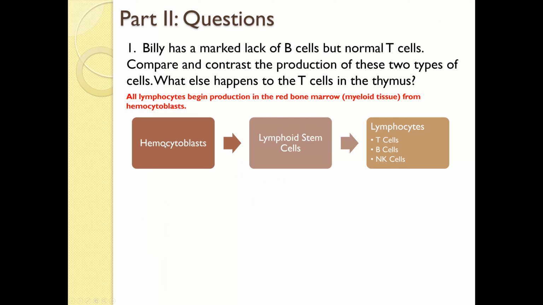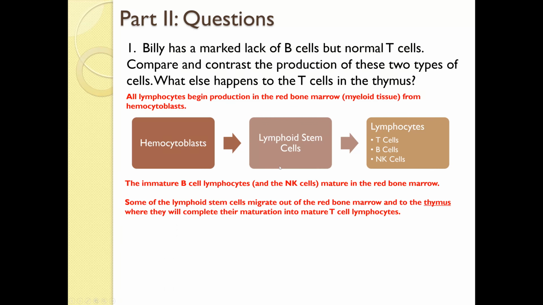So hemocytoblasts in the red bone marrow will become lymphoid stem cells, or some of them will, and then the lymphoid stem cells go on to develop into lymphocytes, which include the T cells, B cells, and NK cells. So the immature B cell lymphocytes and the NK cells will stay and mature in the red bone marrow.